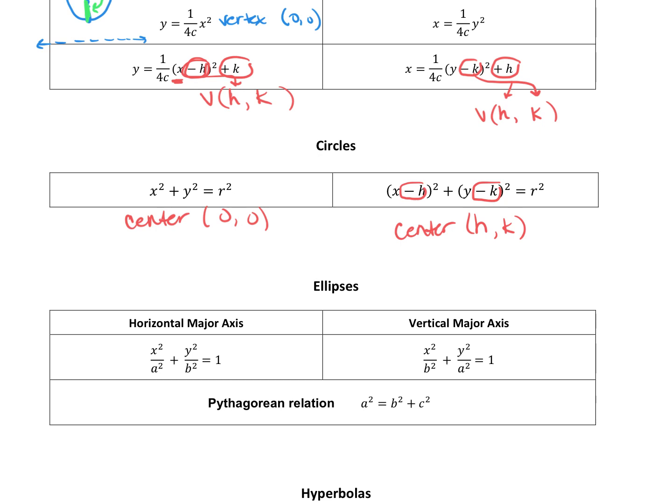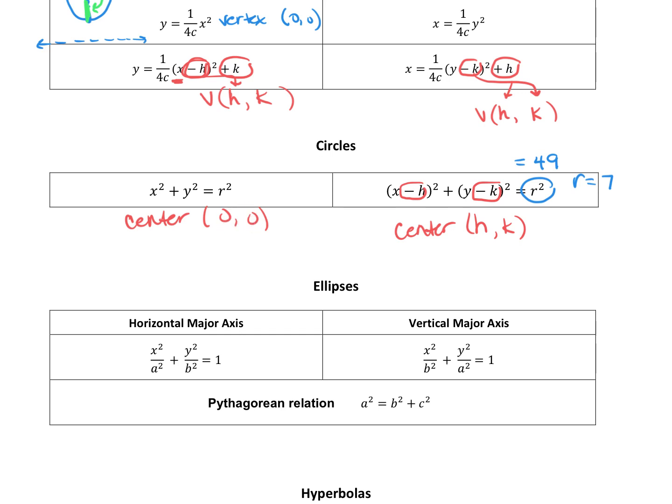So just for example, let's say we had an equation of a circle that was equal to 49. Well, 49 is not the radius. 49 is your radius squared. So our radius would actually be a 7. If you guys graph circles, remember you start by plotting the center.